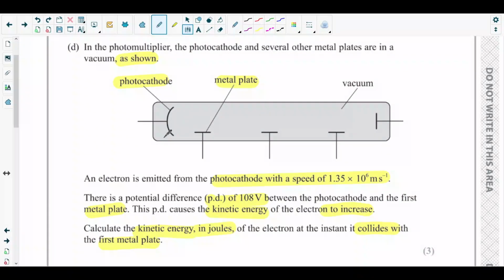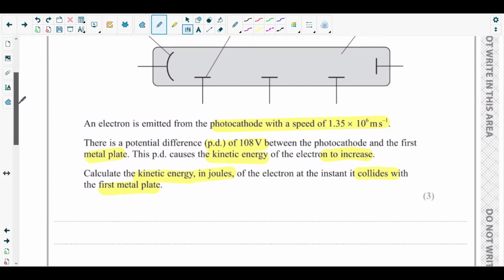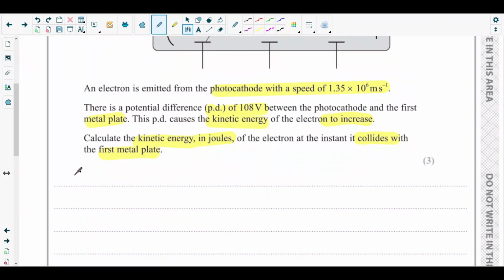The energy gained is the work done by this potential. Work done by an electrical potential is W equals VQ. So the gained energy is VQ.